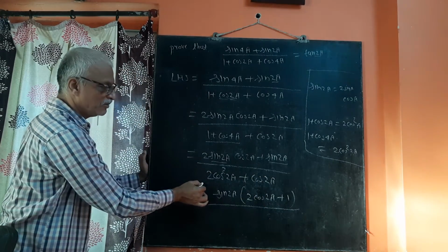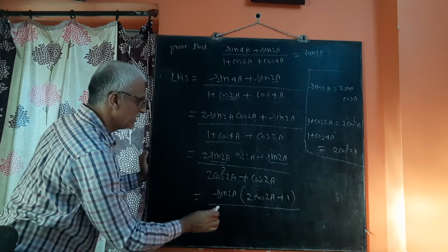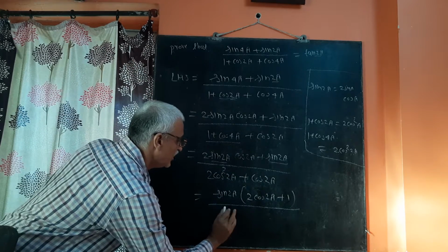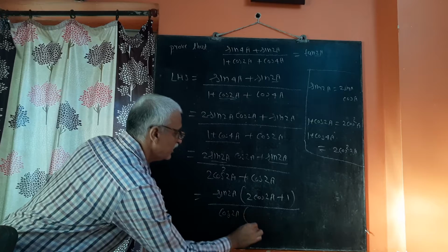We can take cos 2a common in the bracket.